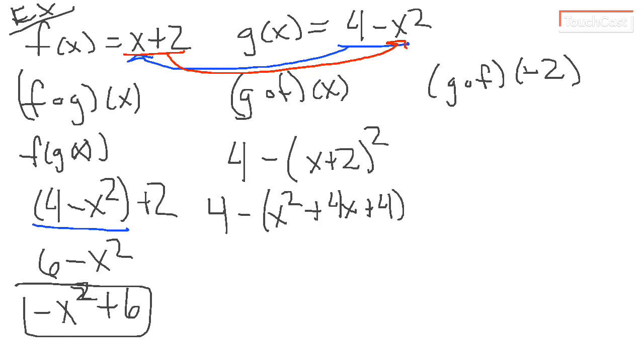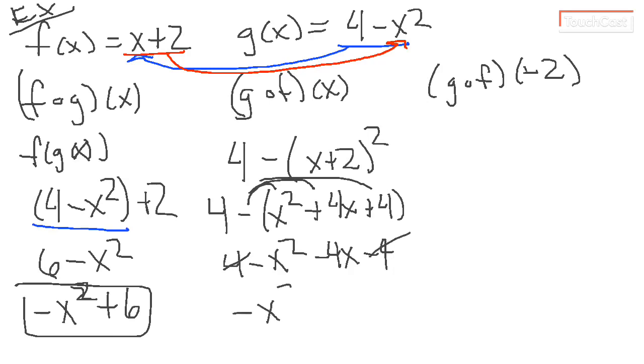Now let's distribute this minus sign to clean things up. So we're going to have 4 minus x squared minus 4x minus 4, and we can clean it up a little bit more because 4 minus 4 will just get rid of each other. So g of f of x is going to be negative x squared minus 4x.